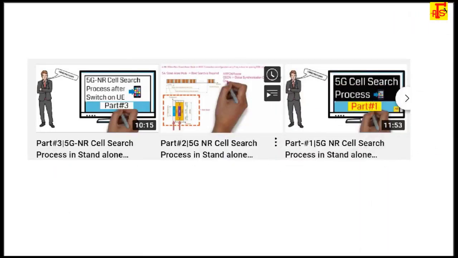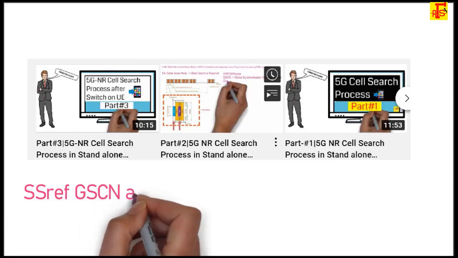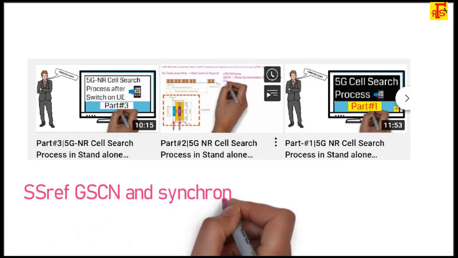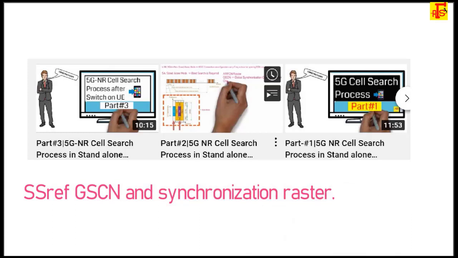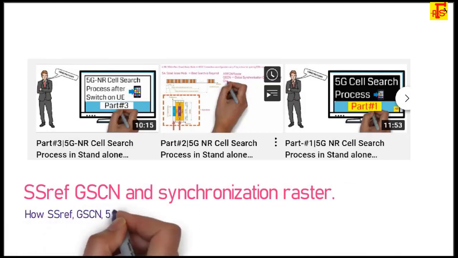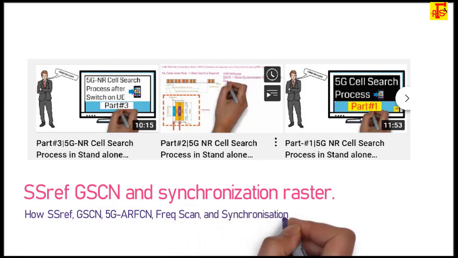But now all of you must have watched 3 videos for the 5G cell search process, and I hope you have understood the SSB search process well, and now you understand the meaning of SSREF, GSCN and Synchronization Raster. In this video I am going to explain how SSREF, GSCN, 5G ARFCN, frequency scan and Synchronization Raster are related to each other.